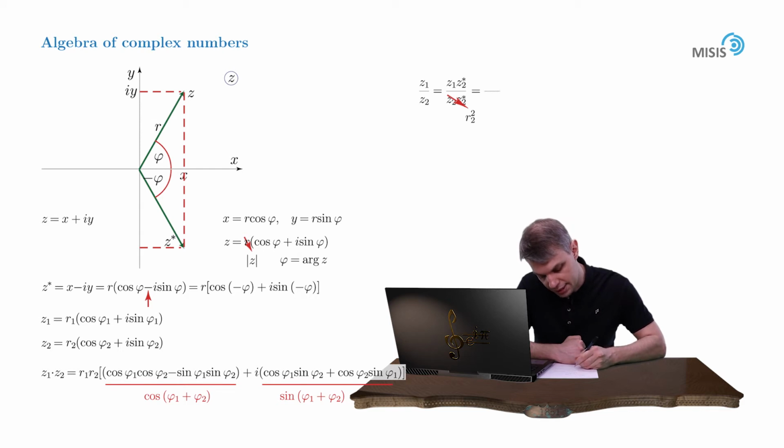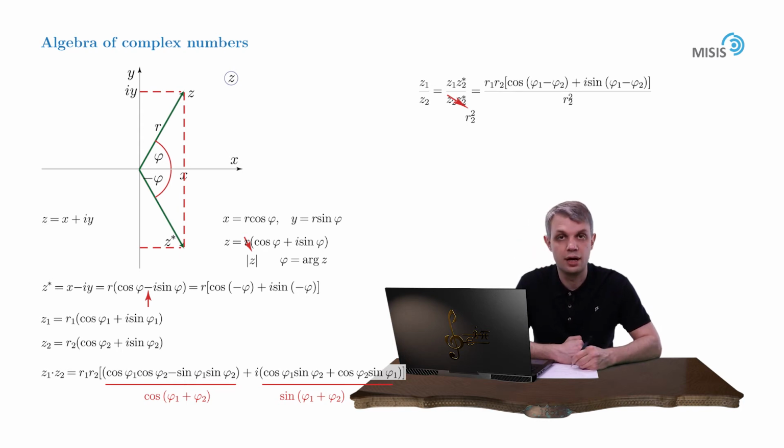So we obtain in the numerator the product of moduli r1 and r2 times (cosine of phi1 minus phi2 plus i sine of phi1 minus phi2) over r2 squared. And cancelling r2 in numerator and denominator, we obtain our new complex number, which is again represented in its trigonometric form.